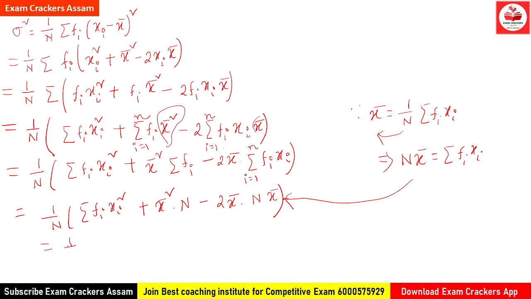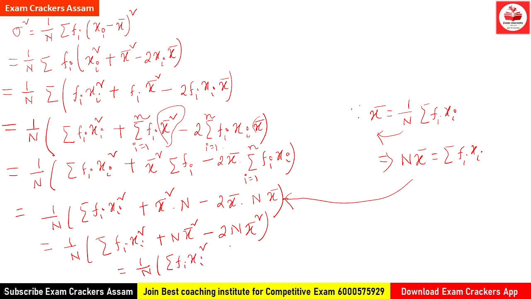So 1 over n summation fi xi square plus n into x bar square minus 2n x bar into x bar, which is x bar square. So ultimately it is 1 over n summation fi xi square minus 2n x bar square plus n x bar square, which is minus n x bar square.